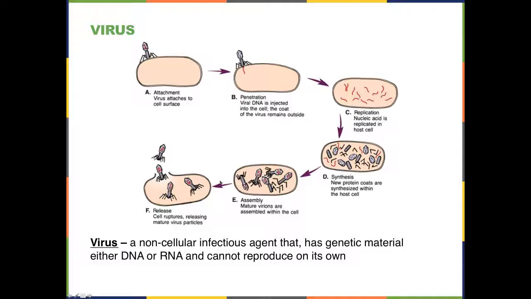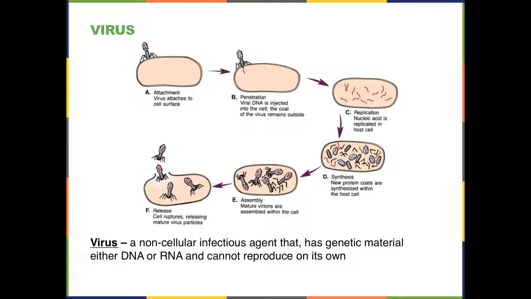Okay, so now let's move on and finish up with a short discussion on virus. The reason that virus is talked about is because of the way that virus replicates: it reproduces itself through the process of interfering with the cell's DNA or RNA production.